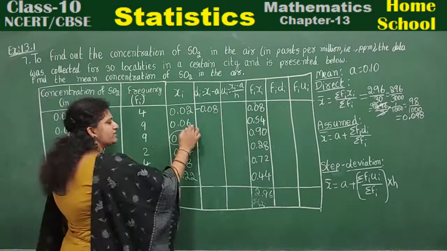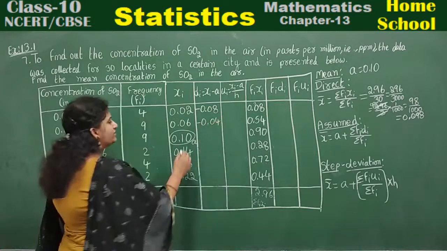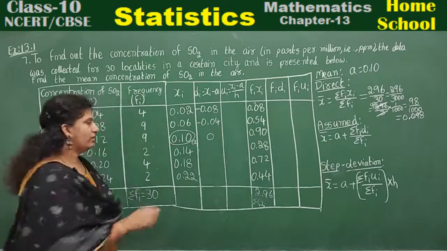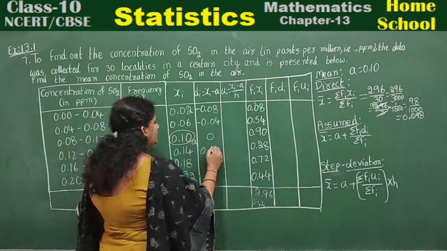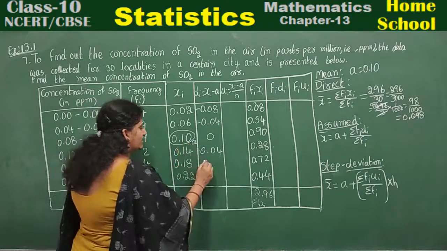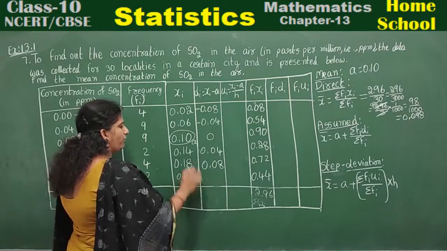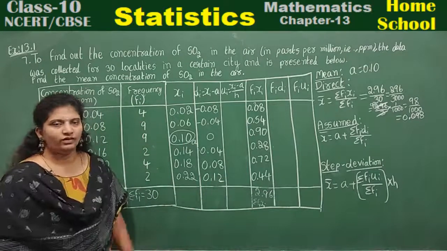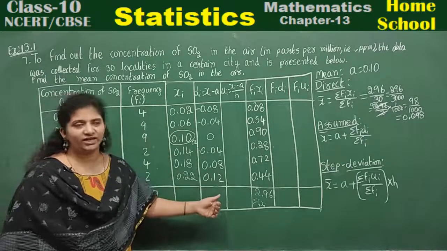Next, 0.06 minus 0.10, minus 0.04. 0.10 minus 0.10 will be 0. 0.14 minus 0.10, it will be 0.04. 0.18 minus 0.10, 0.08. 0.22 minus 0.10, 0.12. Deviation is completed. Now multiply frequency into deviation.